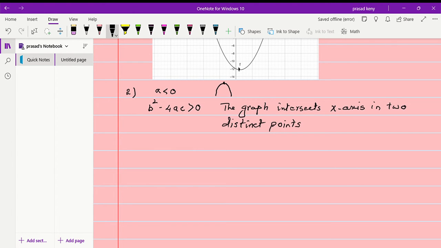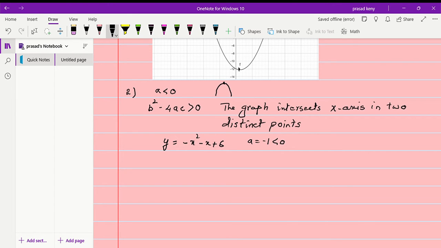So take the example here, y is equal to minus x square minus x plus 6. So here a is negative 1, which is less than 0.